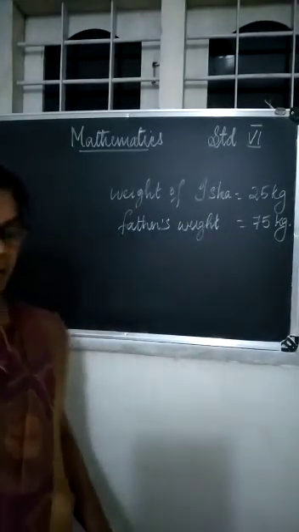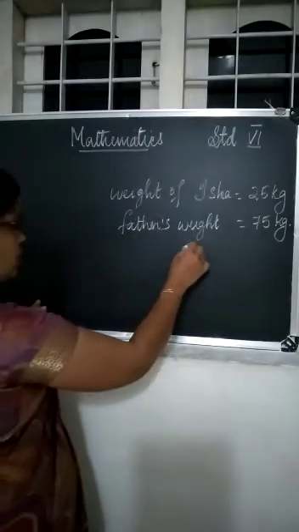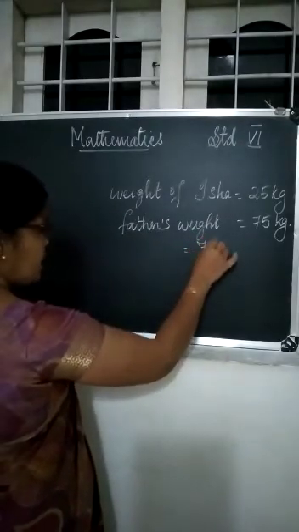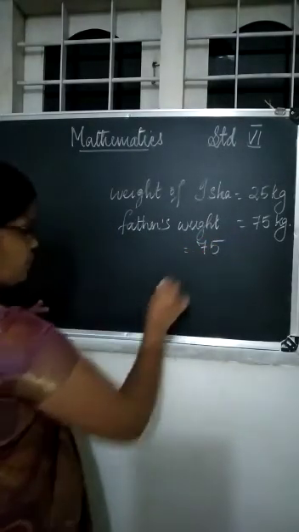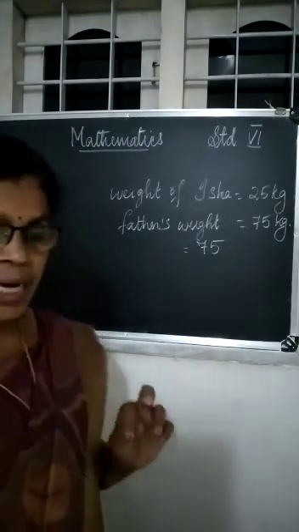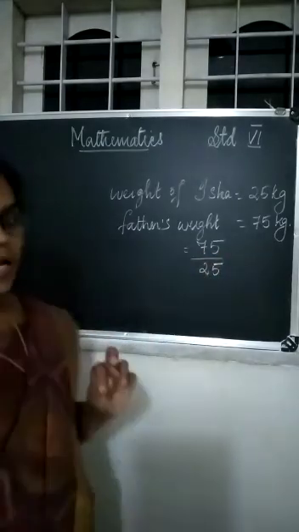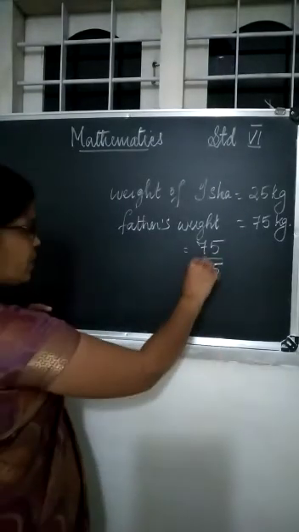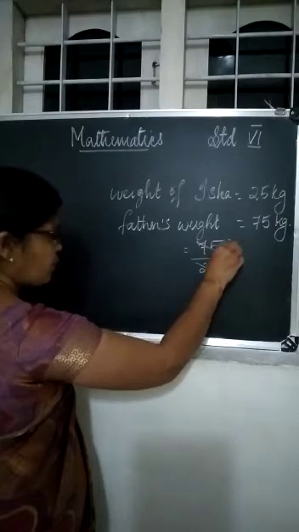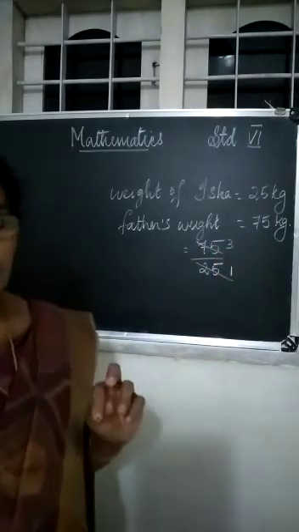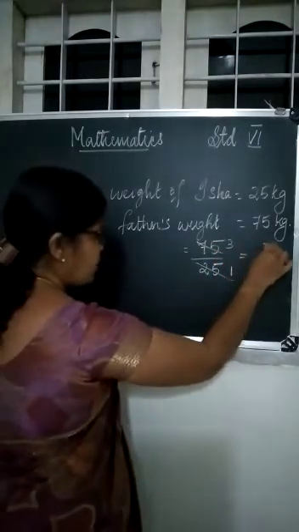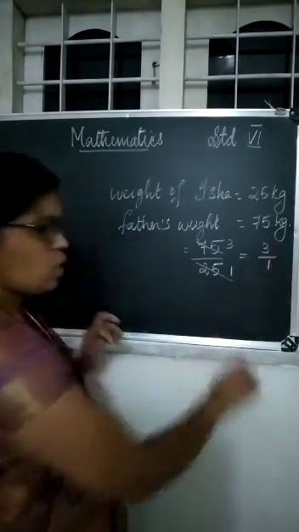So let us see. By the division method, 75 is the weight of Isha's father and 25 is the weight of Isha. 25 times 3 we get 75, so 3 by 1. So when we divide, we get 3 by 1.